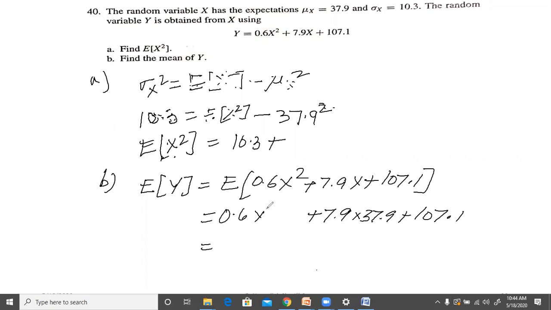Okay, so somewhere I might have not been properly writing the thing here. This is E of x square, this is 10.3, this is again E of x square. This is mu x, fine.